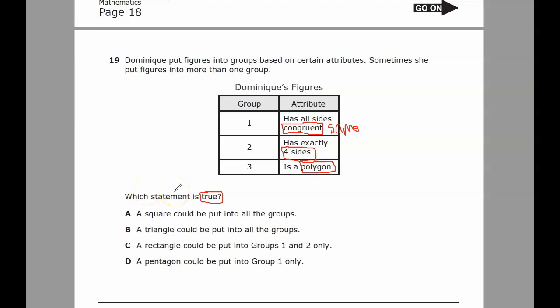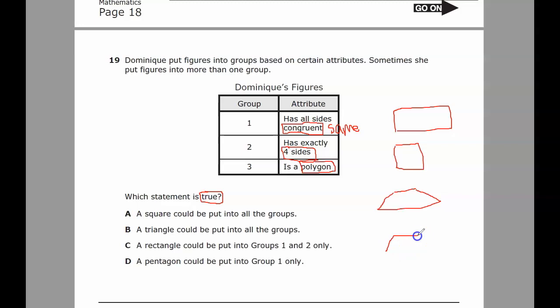Okay? So congruent, all sides are congruent. So which 4-sided shape has all sides congruent? So let's think. We have a rectangle. We have a square. We could have a trapezoid.